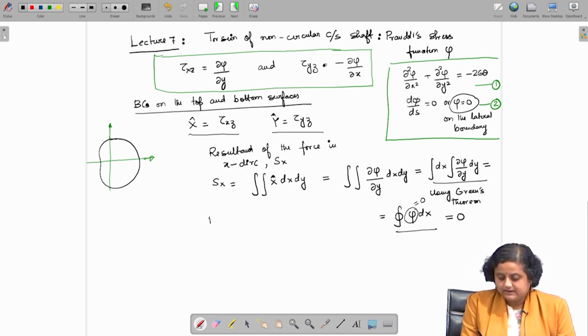Let us find out the same thing for the y direction.